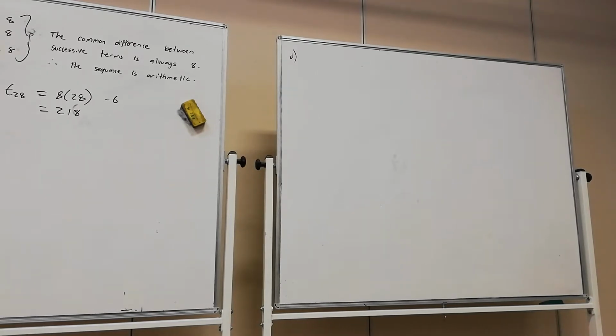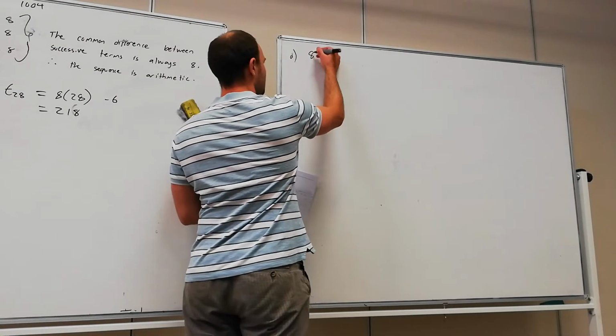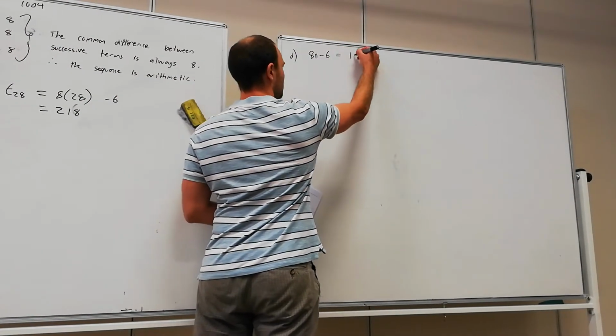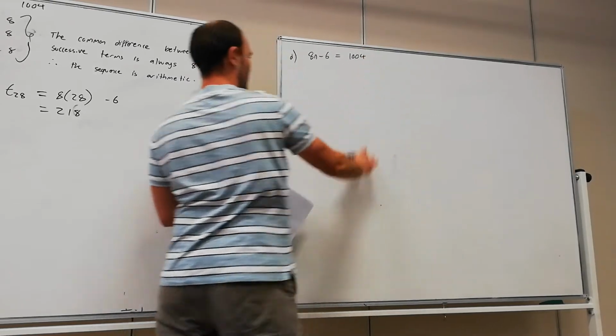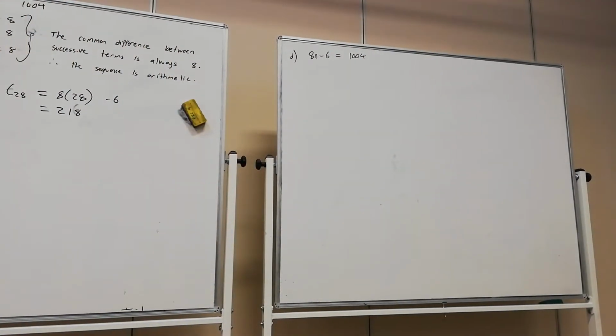That means if you keep going with this sequence, 2, 10, 18, 26, will 1004 appear in this sequence? Again, you could go all the way out to 1004, it'd take a very long time, but we can actually use our formula here. So we're going to say is 8n take 6 equal to 1004? Is n going to be a whole integer value?